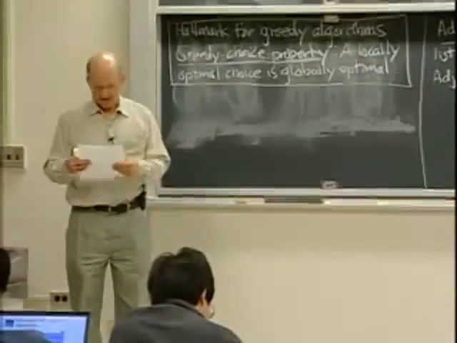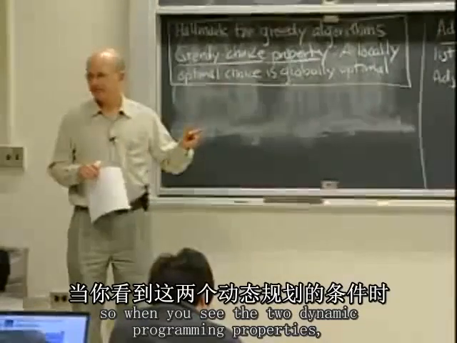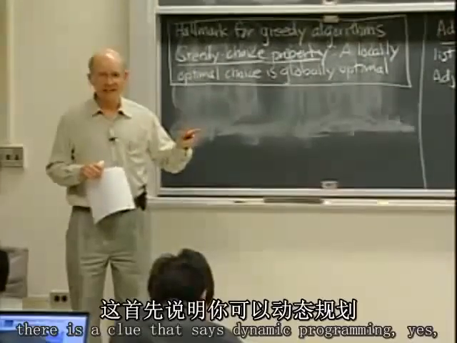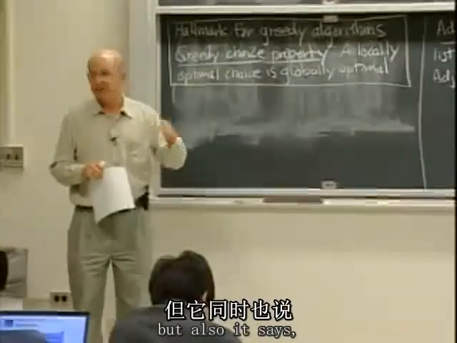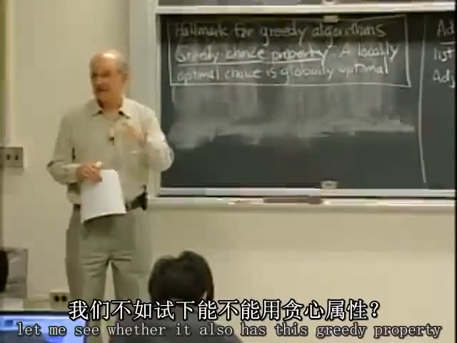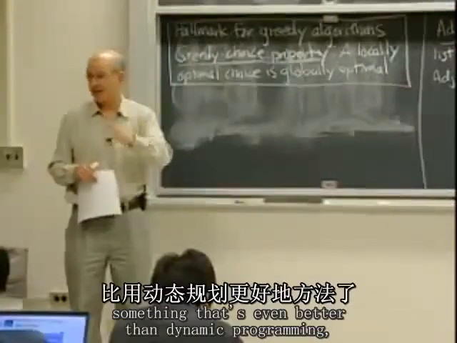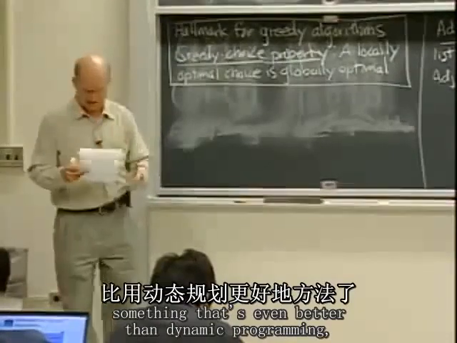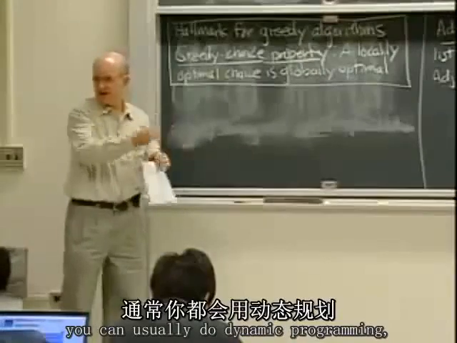So when you see the two dynamic programming properties, there's a clue that says dynamic programming, yes, but also, let me see whether it also has this greedy property, because if it does, you're going to come up with something that's even better than dynamic programming. So if you just have the two, you can usually do dynamic programming.